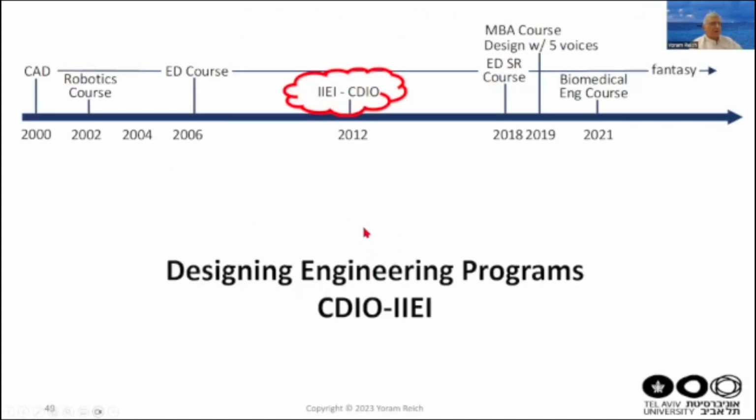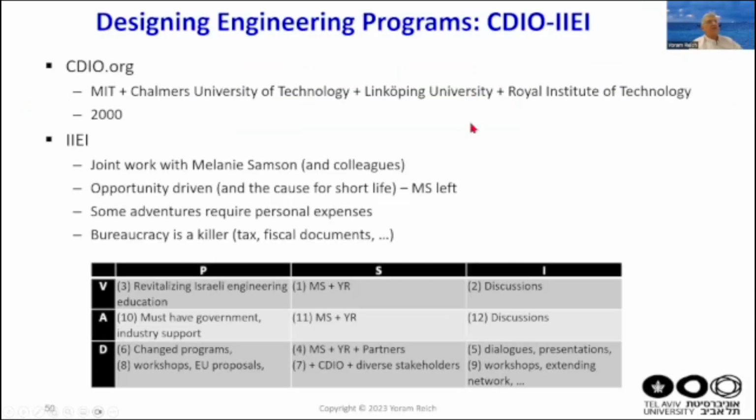A short journey into designing engineering programs. If you're not familiar with CDIO, go to CDIO.org. It's an organization formed by MIT, Chalmers, Linköping and the Royal Institute of Technology in 2000 to revitalize engineering education. Many more than, I think, 200 universities participate.